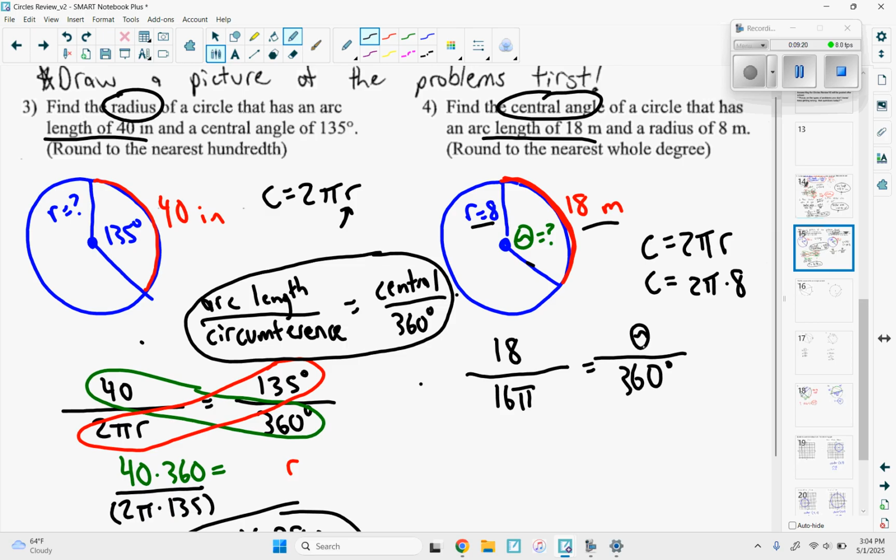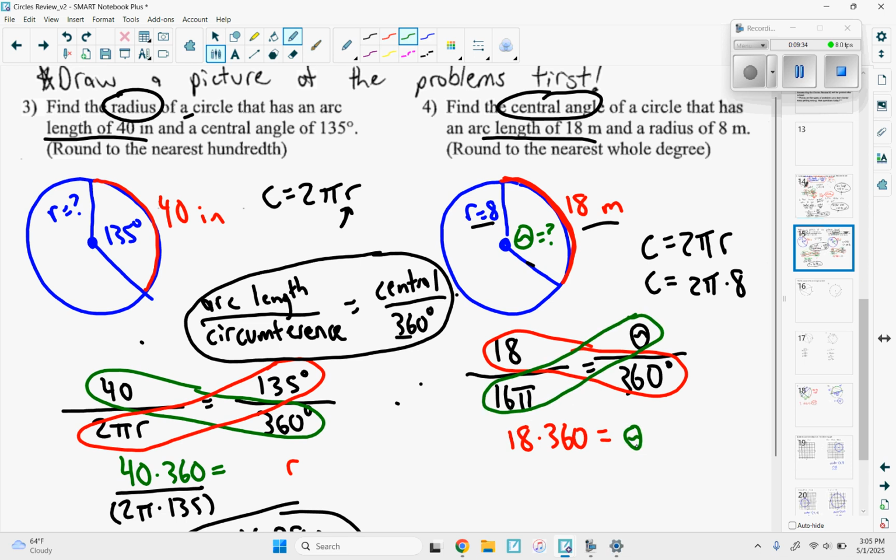Okay, and so same as before, I'm going to go ahead and cross multiply. 18 times 360 equals, over here we get theta, what we're solving for, times 16 pi. And we want to get theta by itself, because that's what we're trying to solve. So I'm going to divide by the other numbers there.